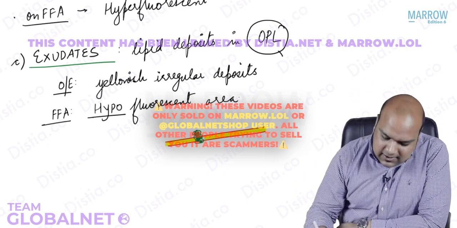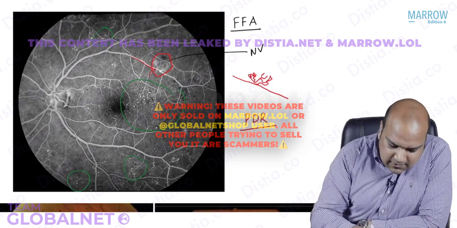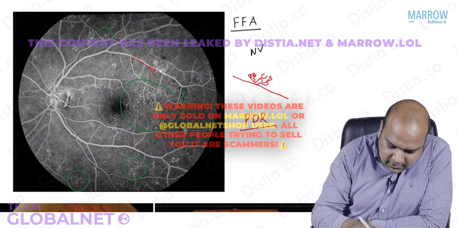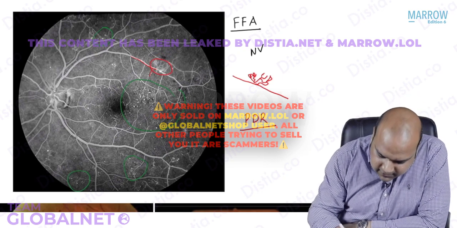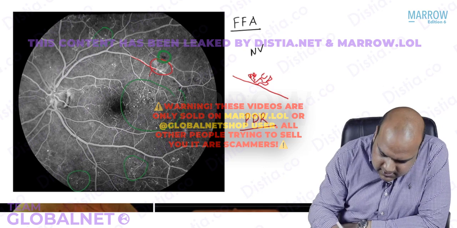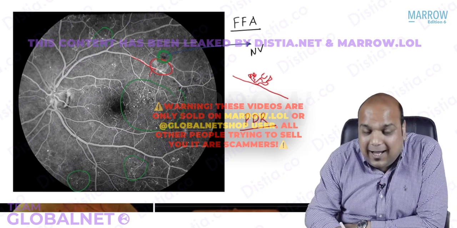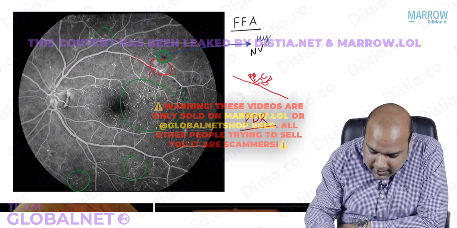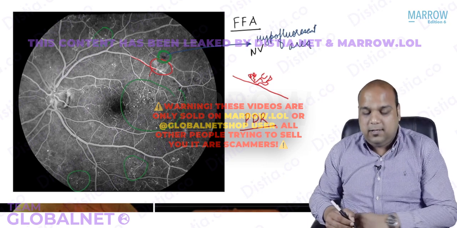Yes? Let us see an image again, the same image. In this same image, everybody, if I redraw this circle, this was my neovascularization. And if I show you this, see this green circle carefully. See this blue arrow carefully. What do I see? I see a small hypofluorescent area. Yes or no, everybody?